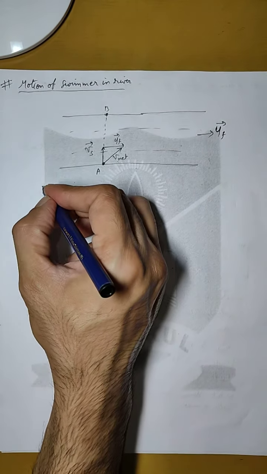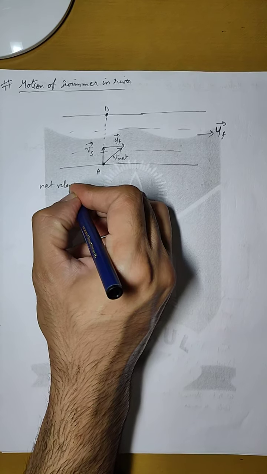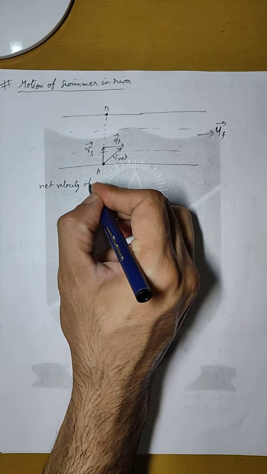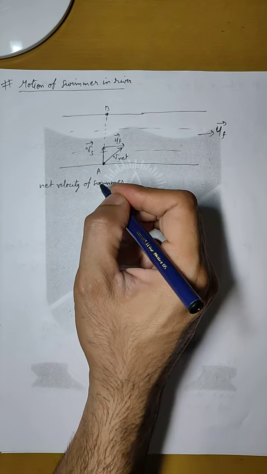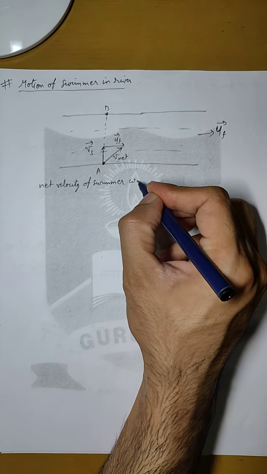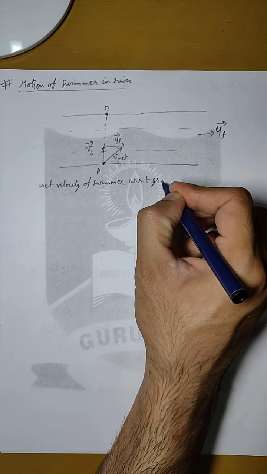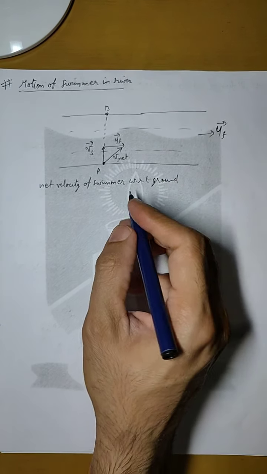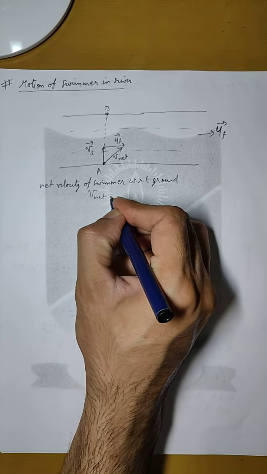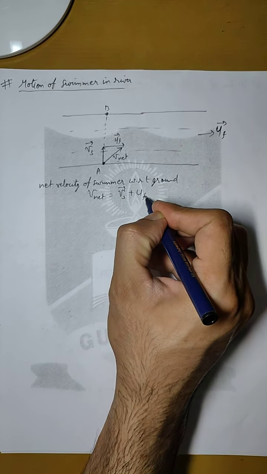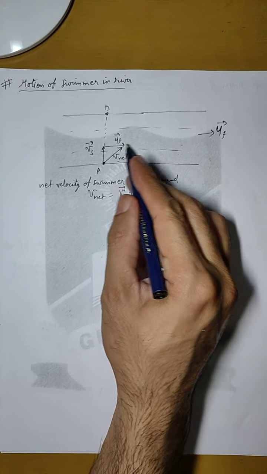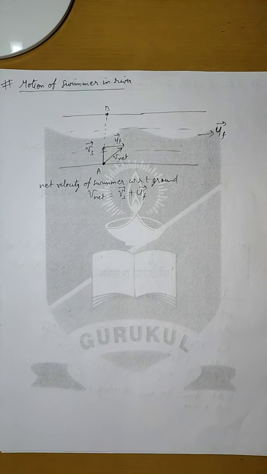So the net velocity of the swimmer with respect to ground, V net, will be equal to Vs plus Uf, the velocity of the swimmer plus the flow of the river.